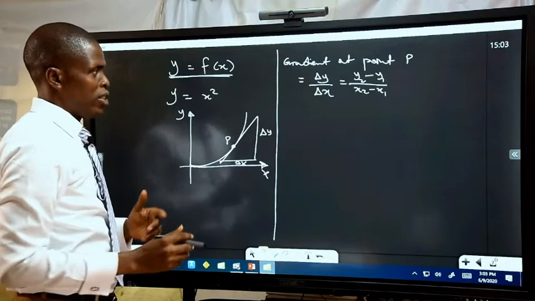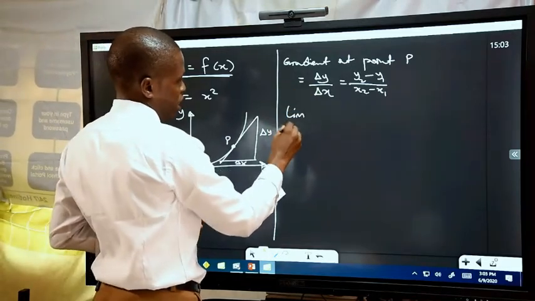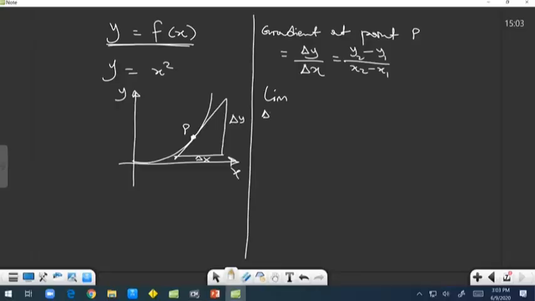But since the values are not given at that point, we can find the limit of the gradient as delta x approaches a particular number, maybe the number here, xp. So for it to approach that, we can solve delta y to delta x approaching the value of dy dx. And that will lead us to the term dy dx.